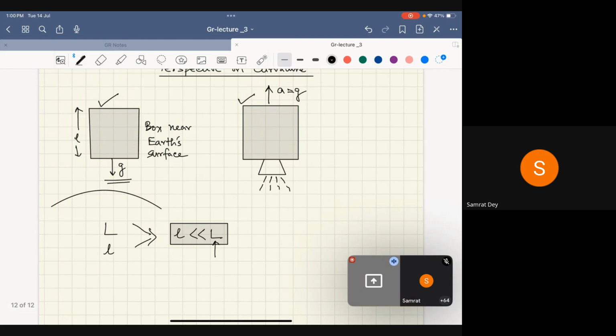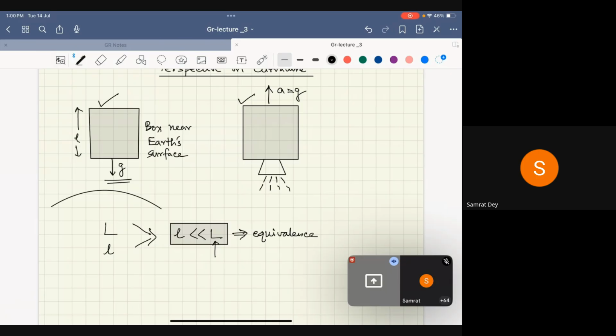If you go above the surface of the earth, the value of small g is going to change, but you have to move a very large height, and that height is capital L. And small l much less than capital L makes sure the equivalence principle holds.